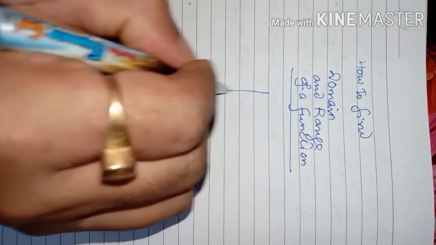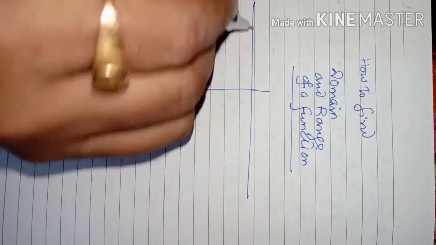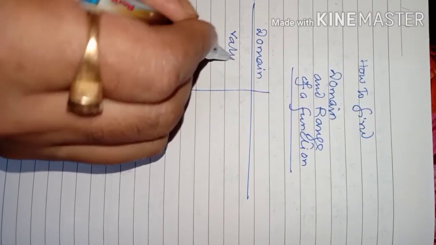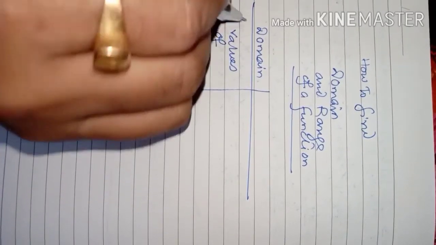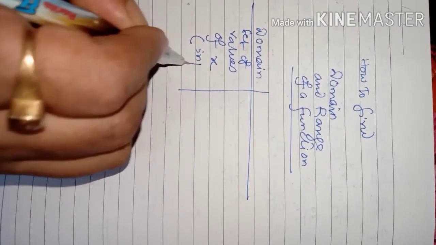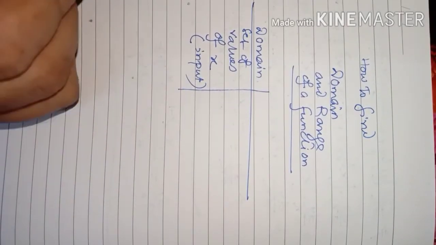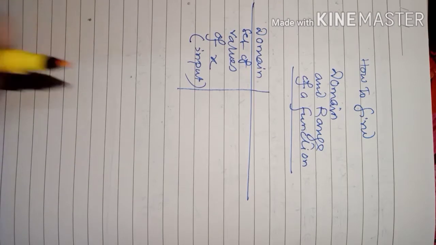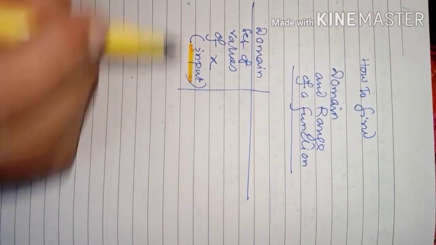Okay. See, what is the domain actually? The domain is the set of values of x. Set of values of x means you can say input. Input means in the given function, what are the values you can take as input.